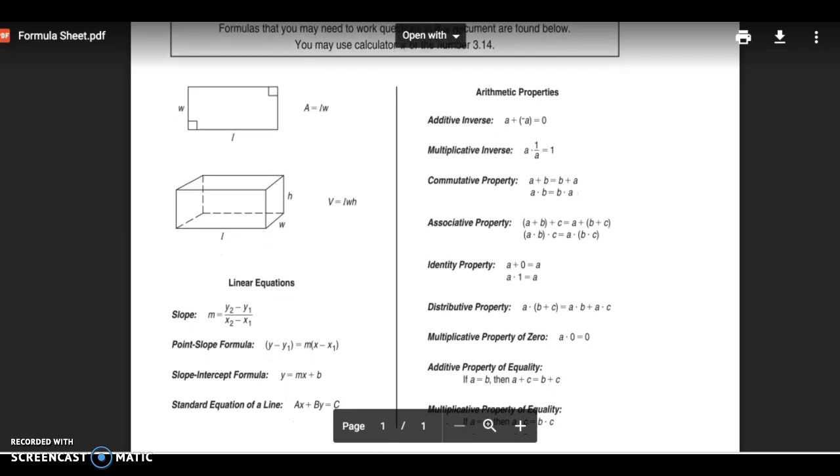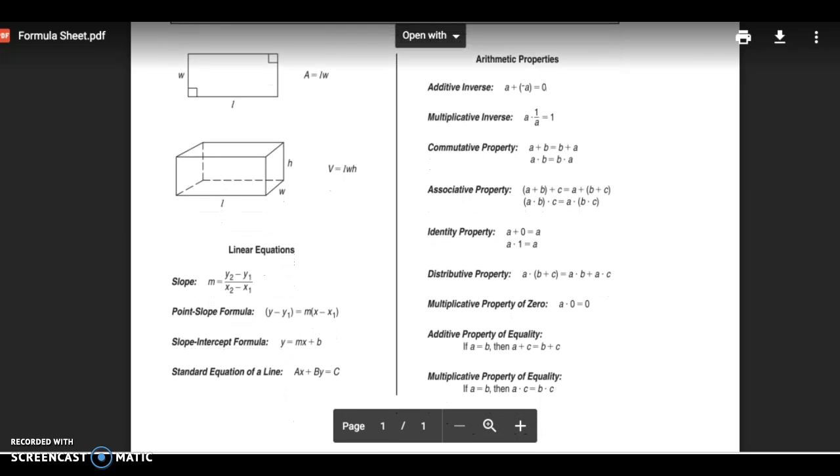Now, if you are one of those people that gets kind of confused on the different forms of lines, the beauty of this is when they say, write an equation in slope-intercept form, and you're like, shoot, is that ax plus by equals c or y equals mx plus b? Use your formula sheet.